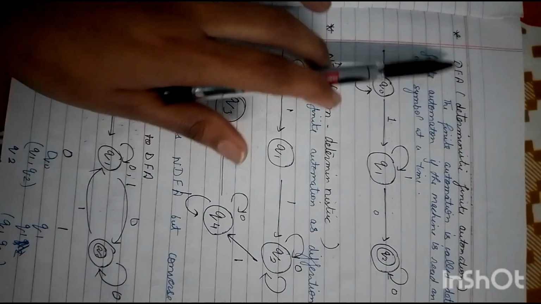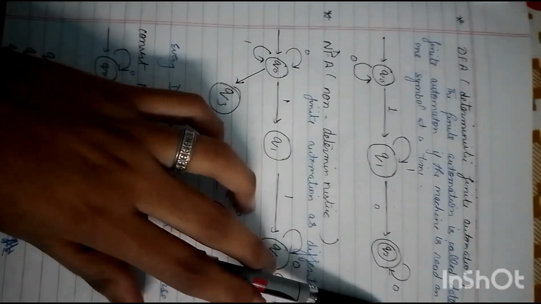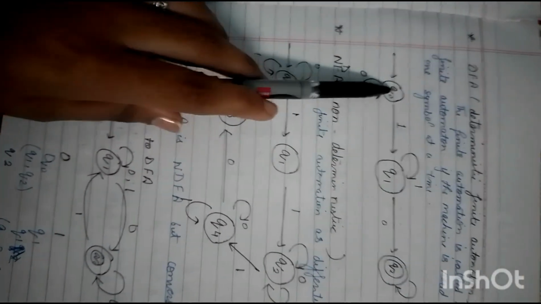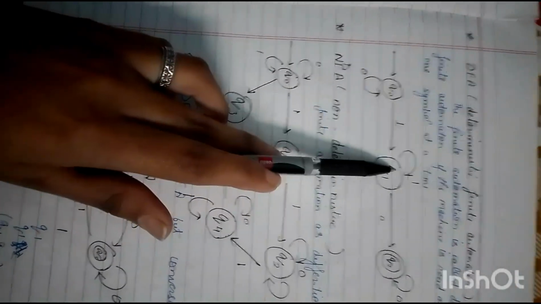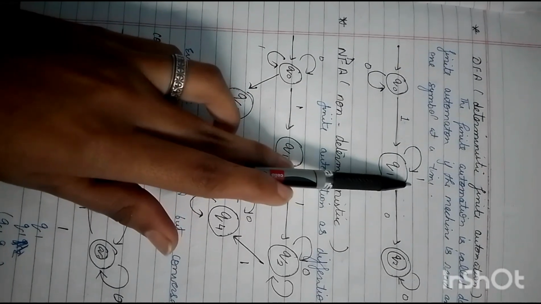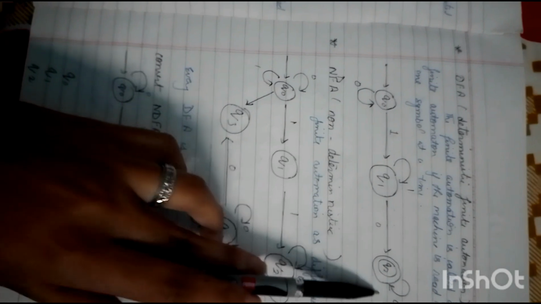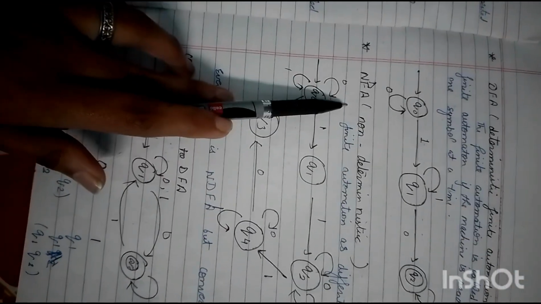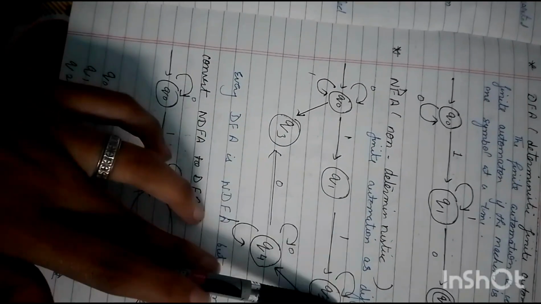That means in DFA, we will get 1 input at one time. Just like we are having Q0, so we are getting 0 as first input and giving 1 as output. At Q1 we are getting 1 as input and 0 as output, and at Q2 we get 0 as the input on itself.